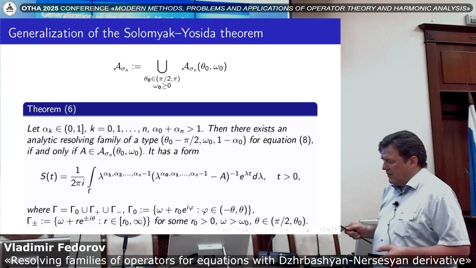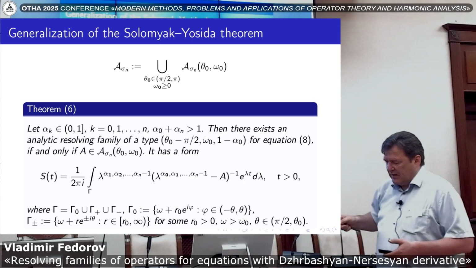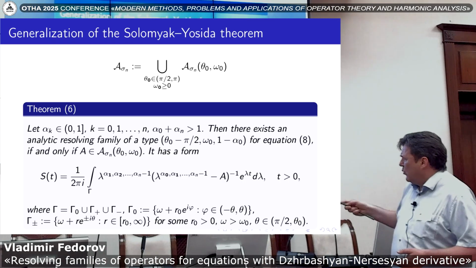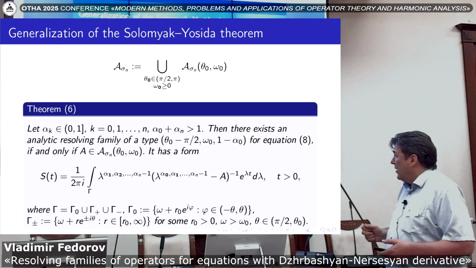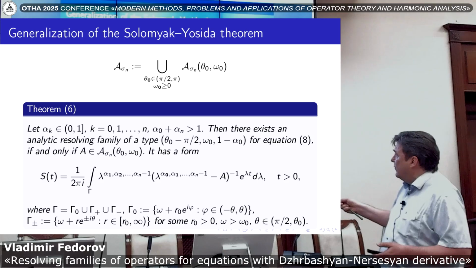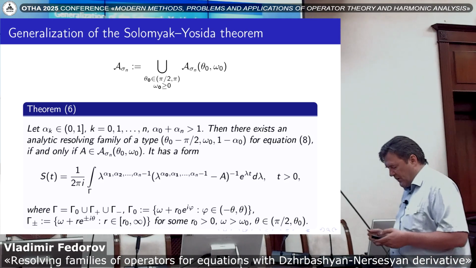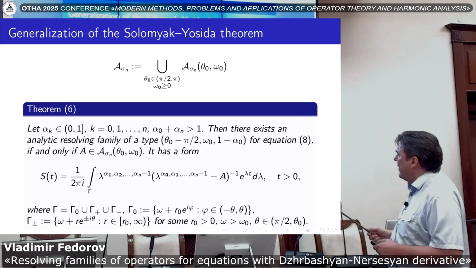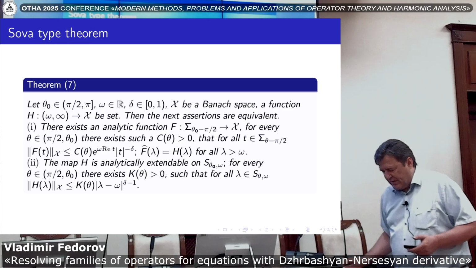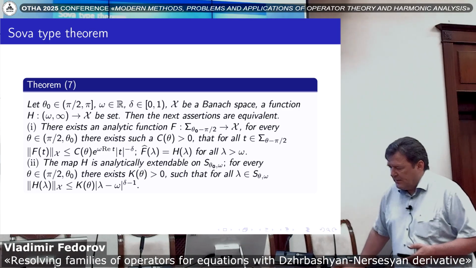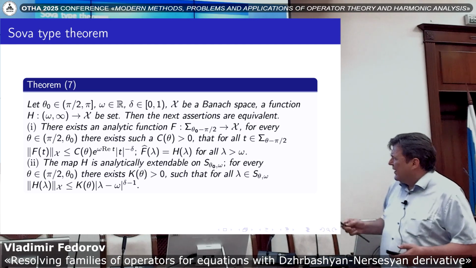And the resolving operators have such a form, Dunford-Schwartz type integrals, where the contour gamma goes along the boundary of the sector. Such a result can be proved using a Widder type theorem.